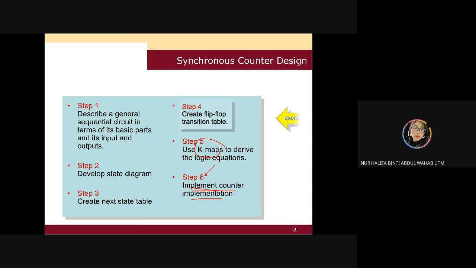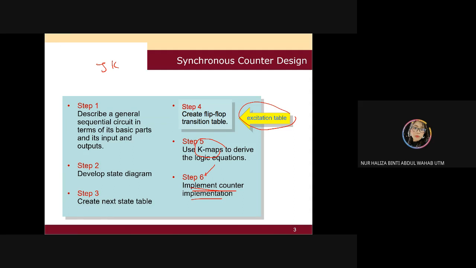Okay, before you learn all of these steps, you need to know the excitation table. Last time I asked you to remember the summarization table for the JK flip-flop, the D flip-flop, the T flip-flop.